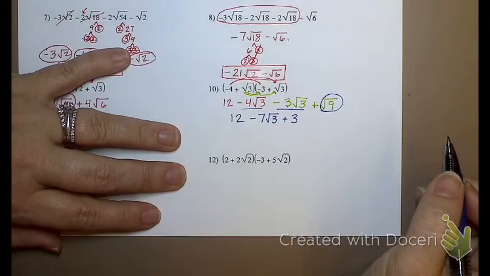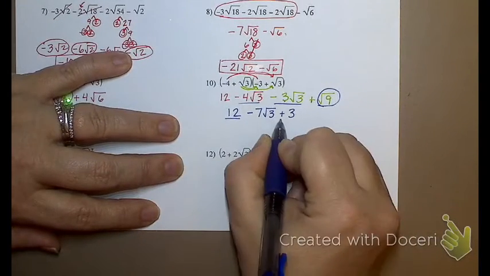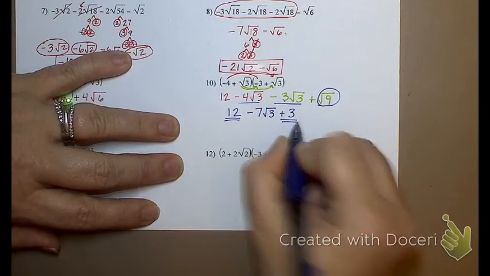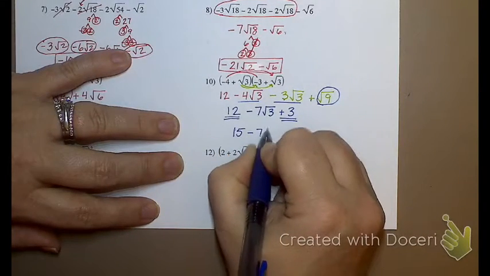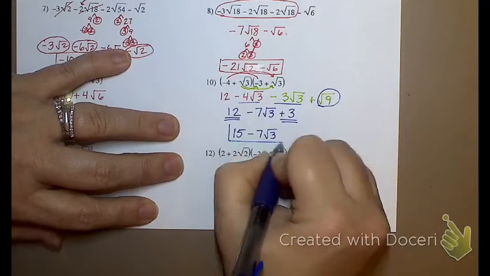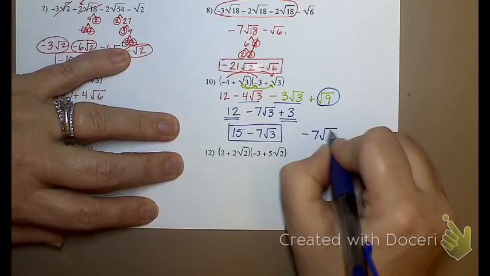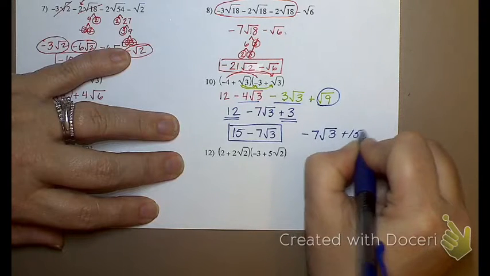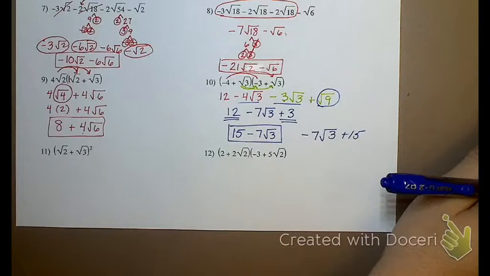Do I have any more like terms? 12 and 3. What is 12 and 3? 15 minus 7 radical 3. And technically, if I wrote it backwards, I could have negative 7 radical 3 plus 15. That would also be a correct answer. Doesn't matter which one you choose to write first.